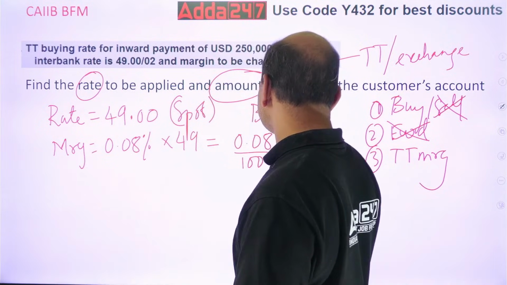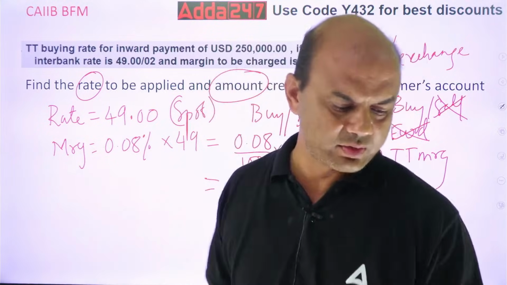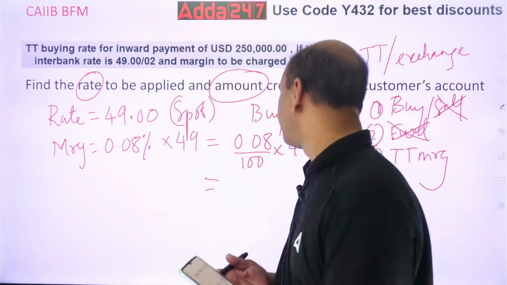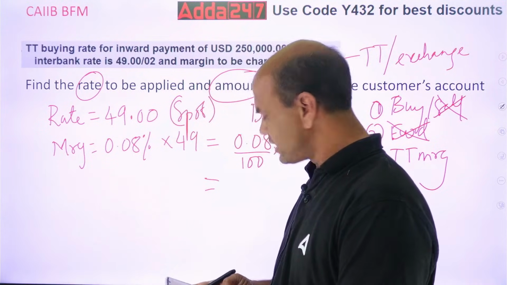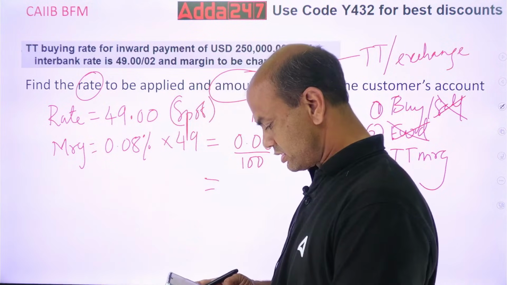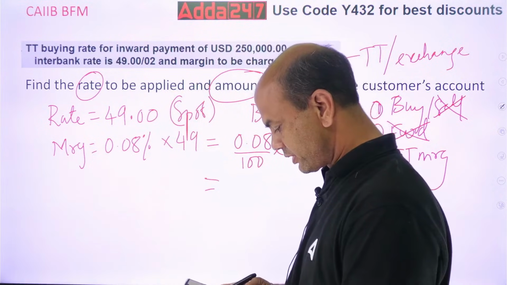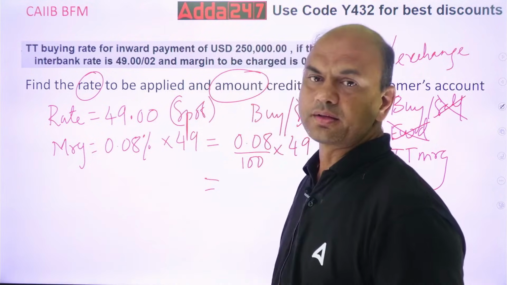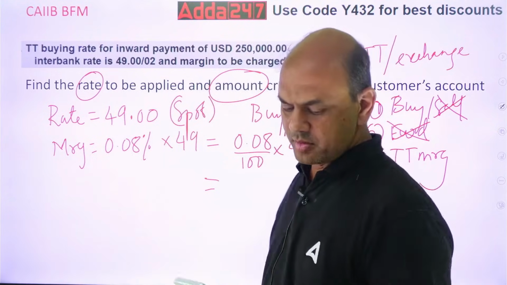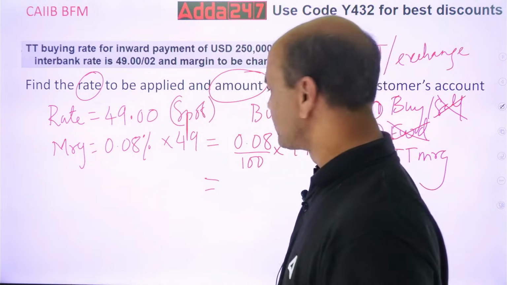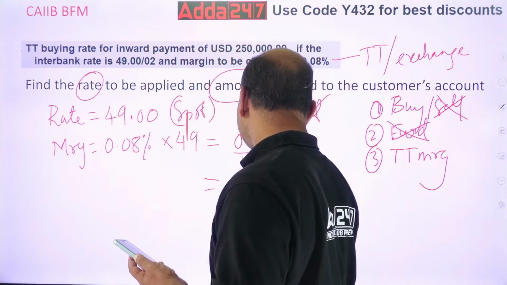Get the answer, everyone. What are you getting? I am getting 0.0392.